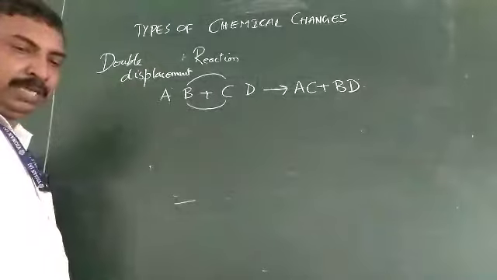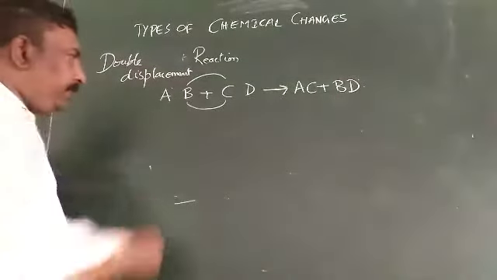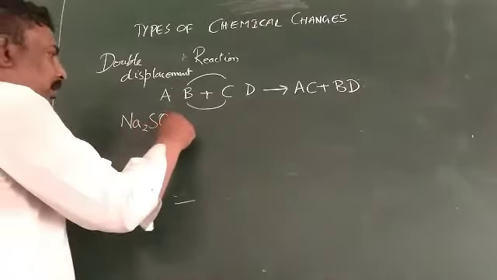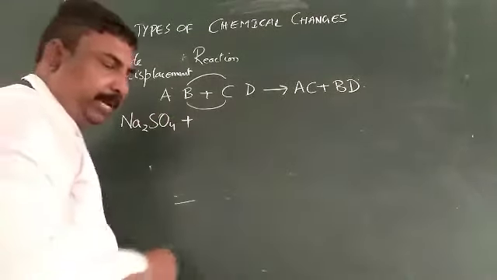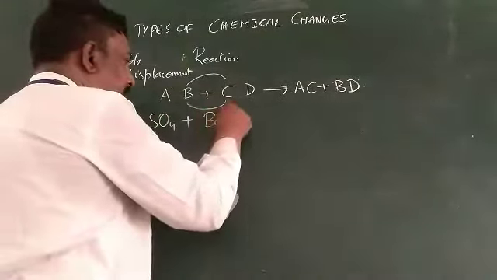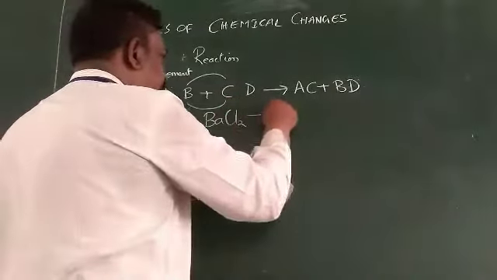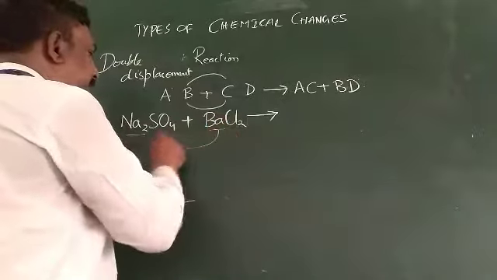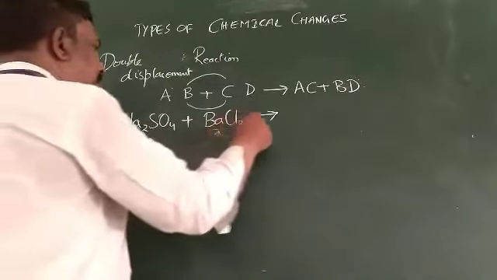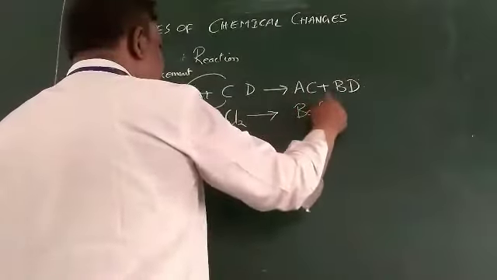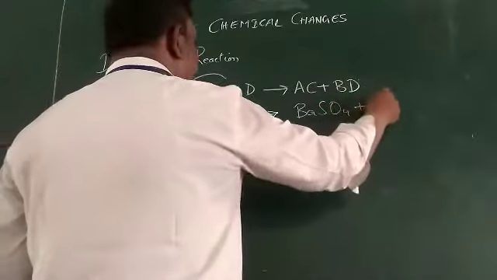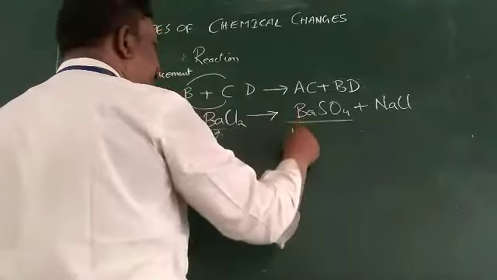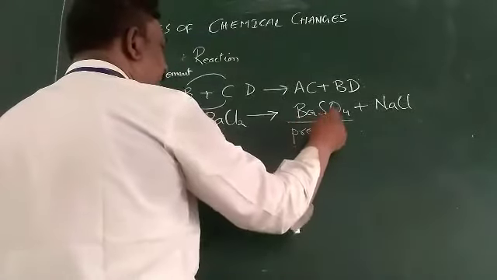Suppose you take sodium sulfate, Na2SO4, when it reacts with barium chloride, you will see that this and this will be exchanged. So we will get barium sulfate and sodium chloride, and this barium sulfate is a precipitate, an undissolved substance which settles down.